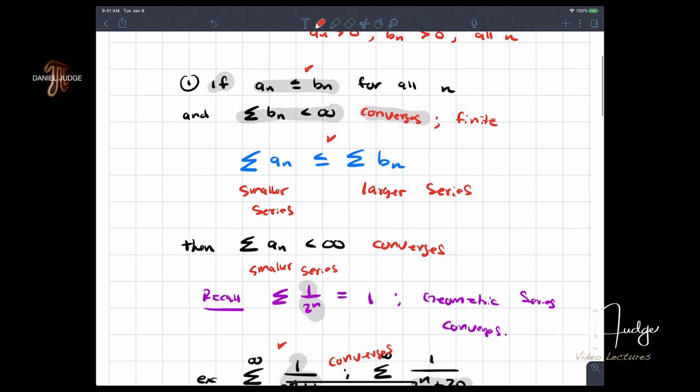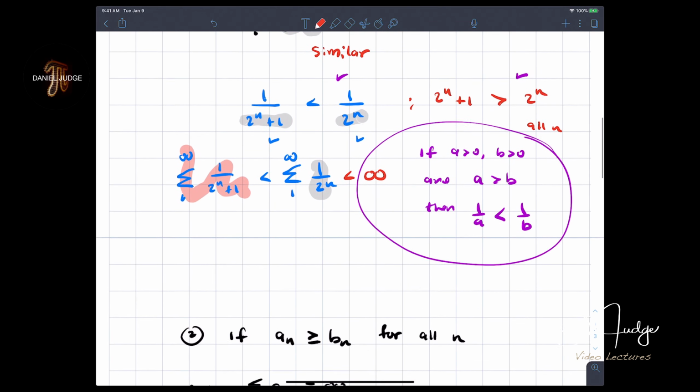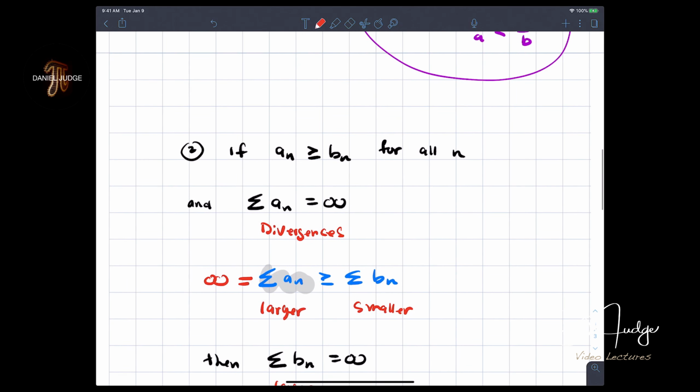Did the book do it that way? You say AN, BN, and BN is convergent. Yes, we're good with what the book says there. Okay, then AN is convergent. Okay, now let me be careful with this book. Your book says that if AN is greater than BN for all n, yeah. And we made a mistake here. That's right. There it is. That's what was really wrong.